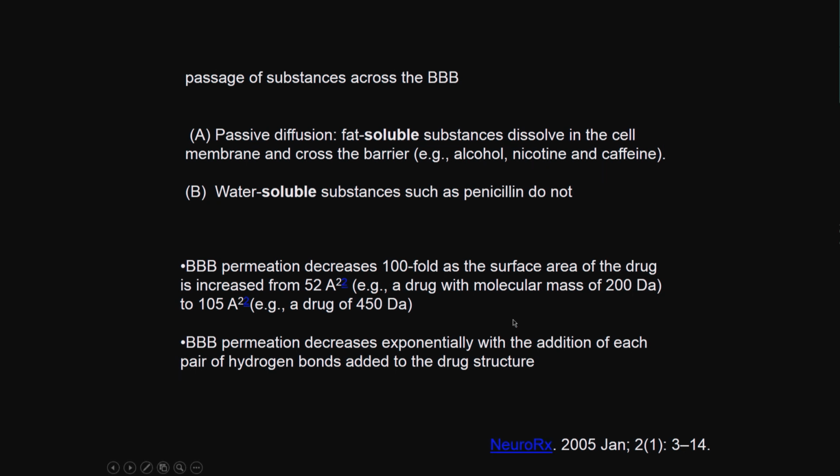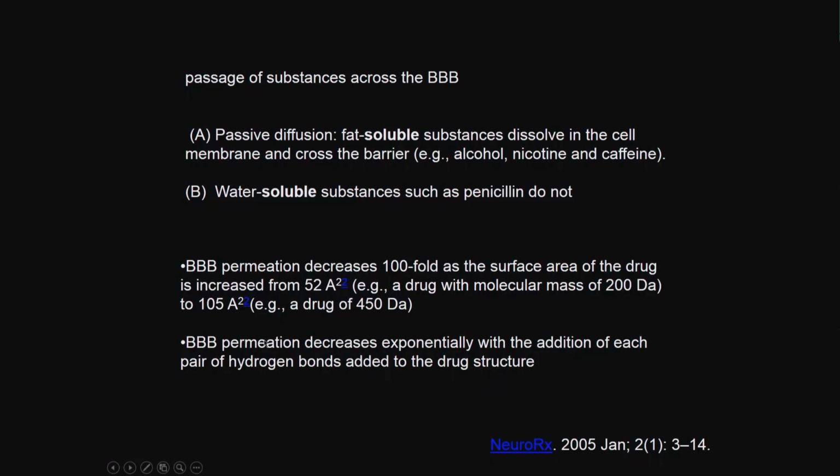BBB permeation decreases exponentially with the addition of each pair of hydrogen bonds added to the drug. If you keep adding hydrogen bonds, of course, you are increasing the hydrophilicity of the molecule, so the permeation decreases exponentially. These are taken from this reference.